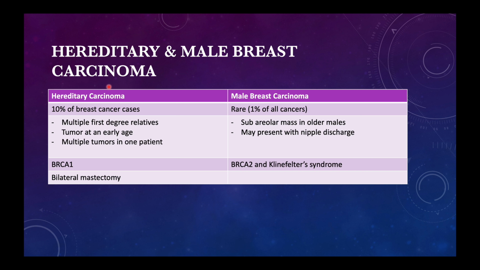We would consider that the patient has hereditary cancer when we notice in the history they say, oh, my grandma, my mom, and my sister all have or had breast cancer. So that's what we mean by multiple first-degree relatives, someone very close. We can say it might be hereditary if they present very early on with an aggressive tumor, or if the patient themselves has multiple tumors.